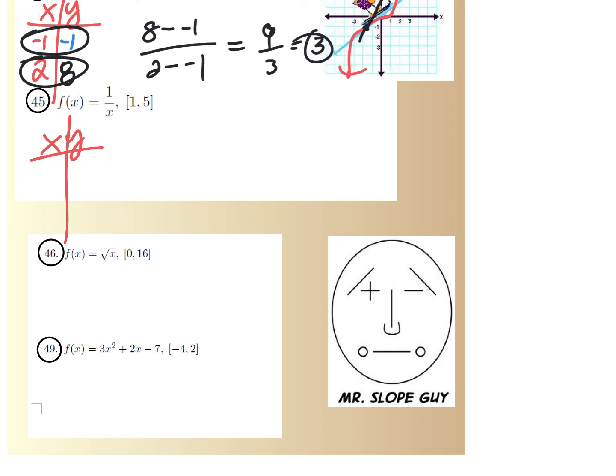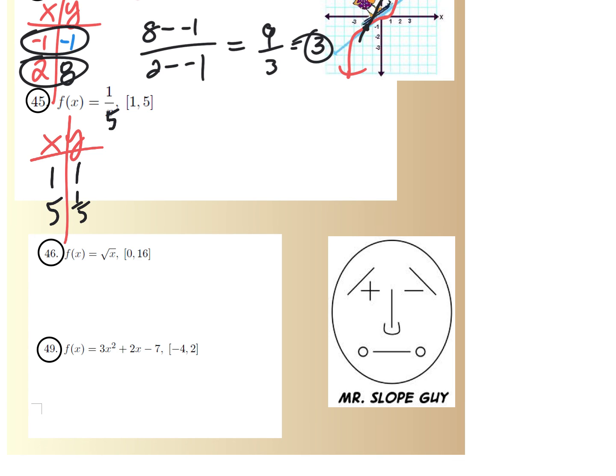Patrick, what's the first x value I should use? 1. Yep. And when you put in the 1, what do you get? Yep. Because it's 1 over 1, you get 1. And then the other one, Patrick. 5. And what do you get when you put in 5? 1/5.